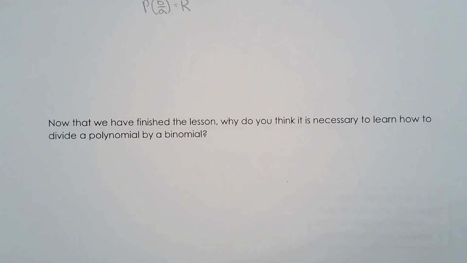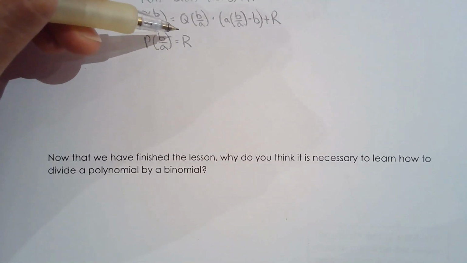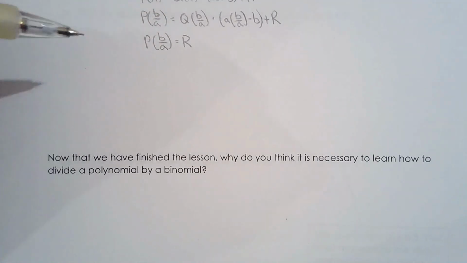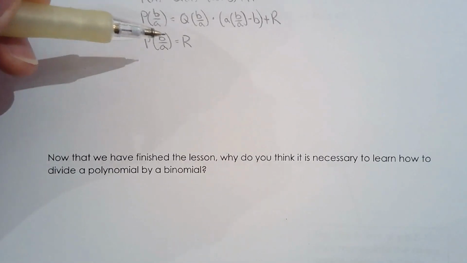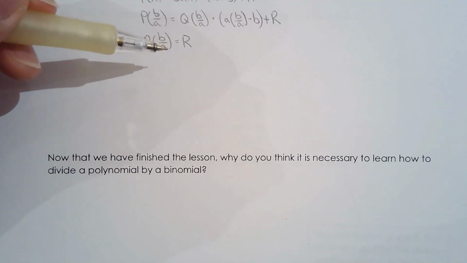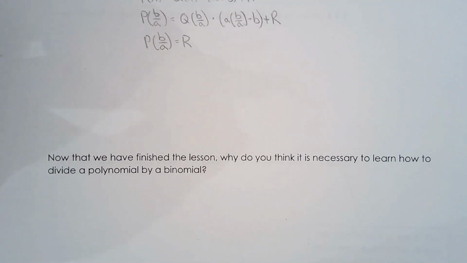To be honest with you, we don't really care about the remainder. We only care about the remainder if it's equal to 0. Why do we care? I kind of dropped the hint in the beginning on the first page too. We only care about the remainder if it's 0, because that will tell you your divisor is a factor.